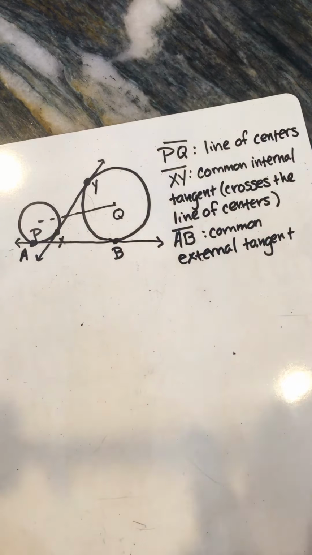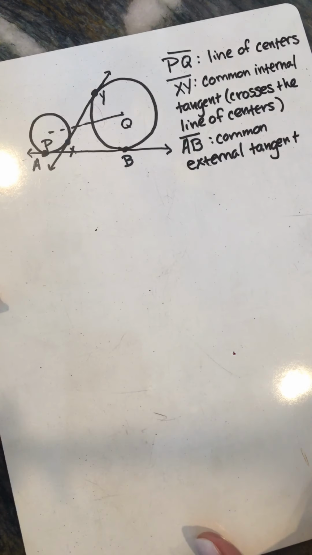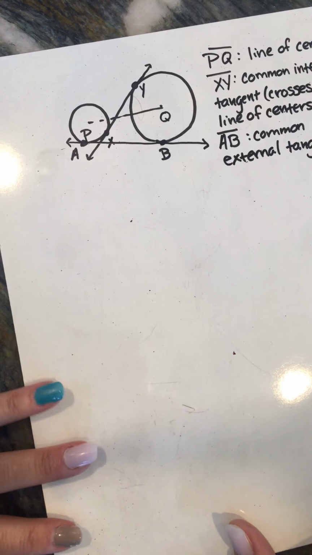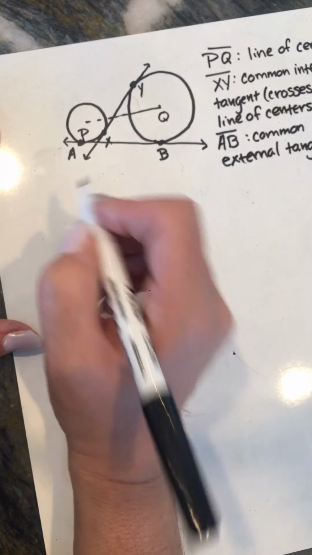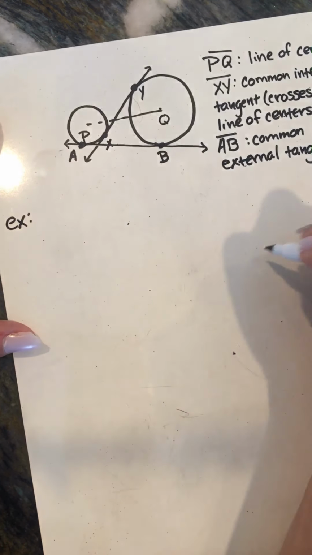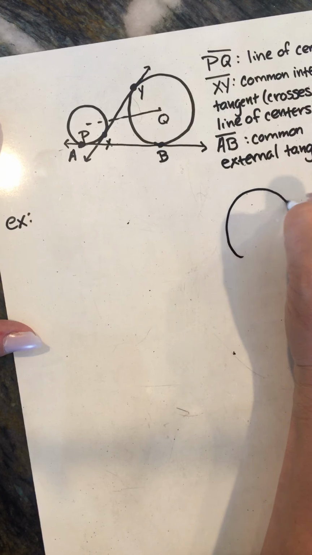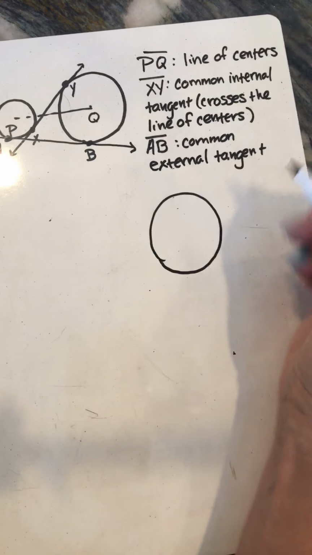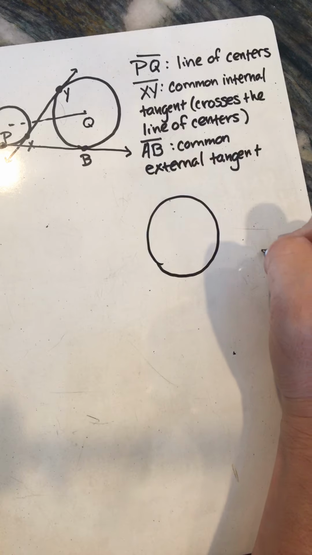Okay, that concludes our vocab building. So let's do some examples of when we would use this stuff or why we need to know it. So here we go. Here's an example. We need a circle over here. It's going to be a little proof, and another circle right here.